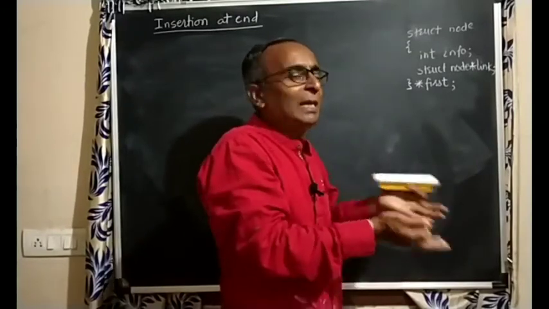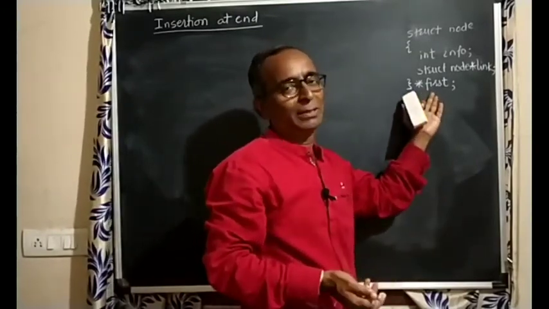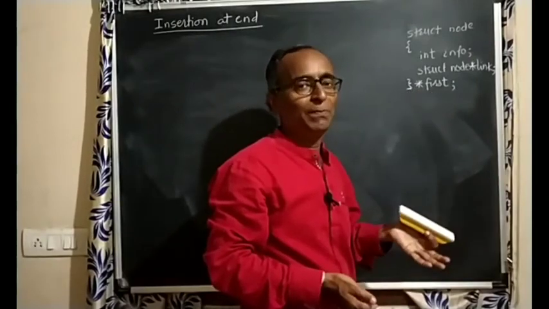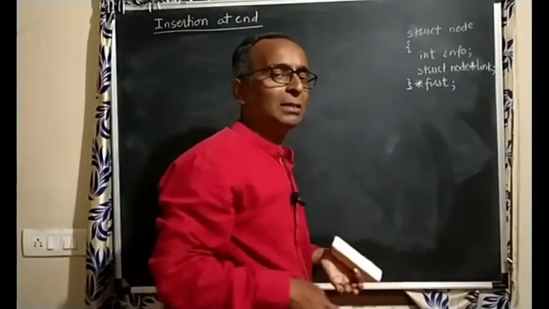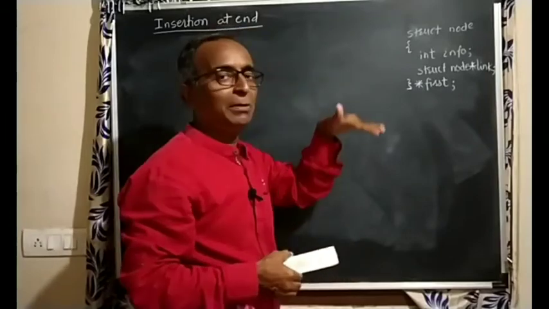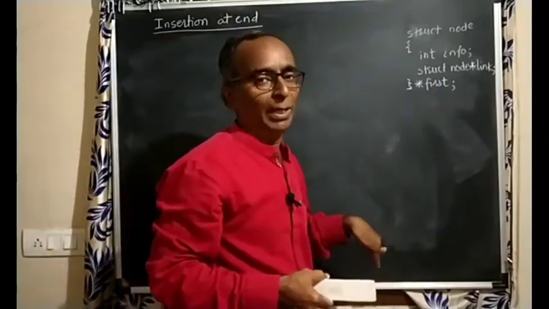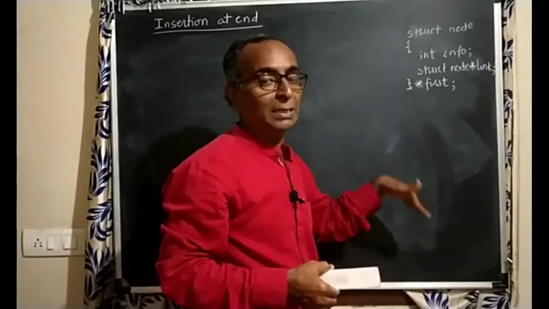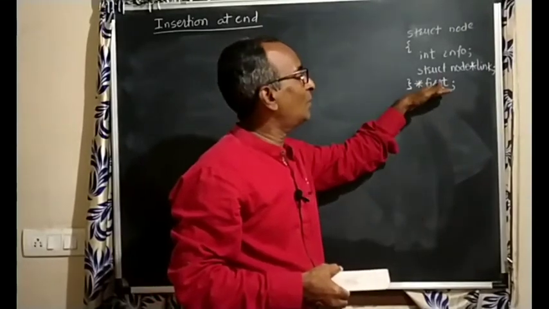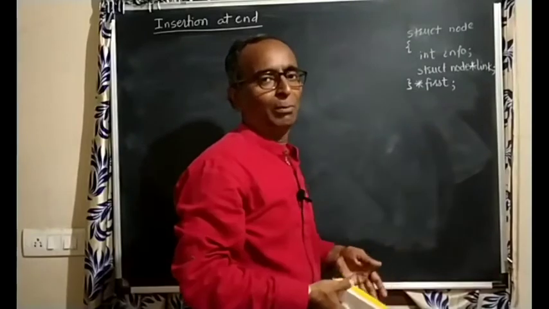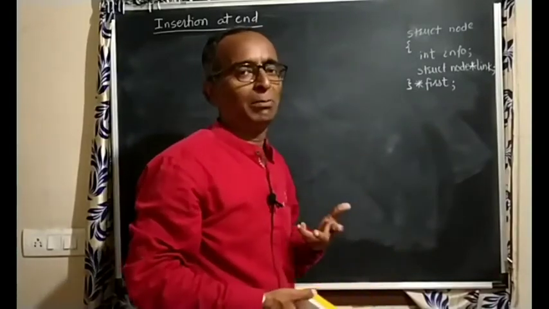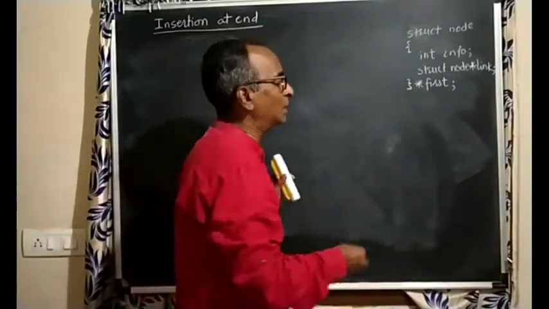You can readily access the first node's address anywhere, in any function. Earlier, in insertion at beginning, I gave the scenario where first was declared inside main. But now I'll take this other form.